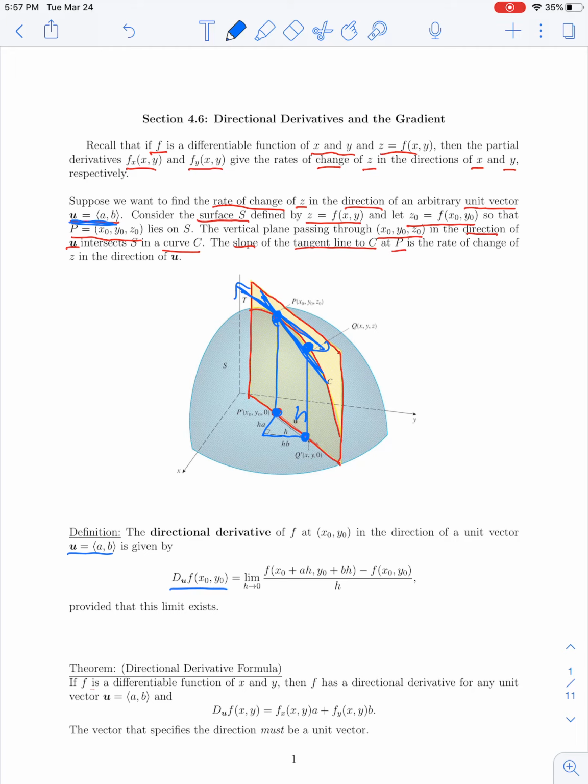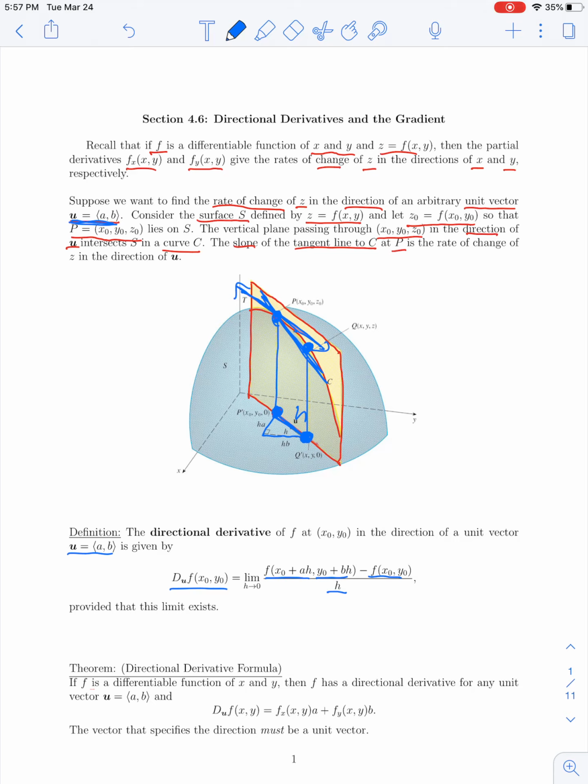So to find the slope of that line, we would be taking the difference in the values of my function at the point x naught plus a h, y naught plus b h, so that is this point shown in the xy plane, and the value of the function at x naught, y naught. And then we would divide by the length of this vector h that we've moved.